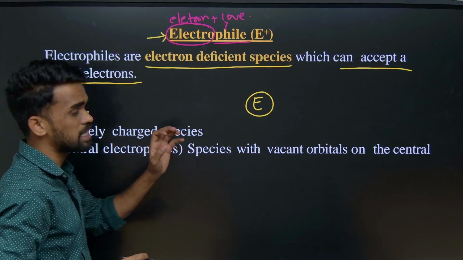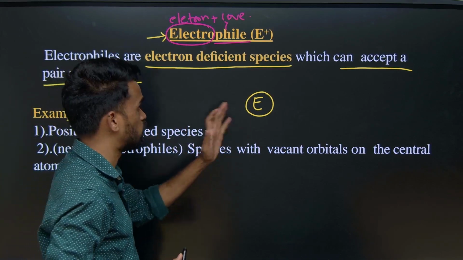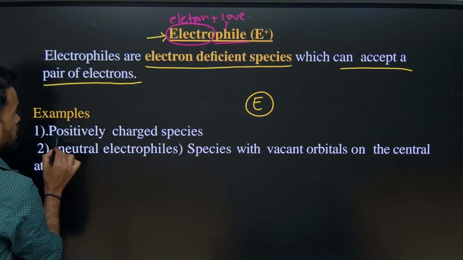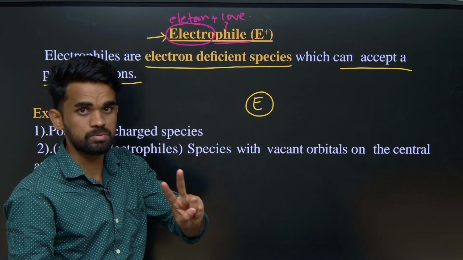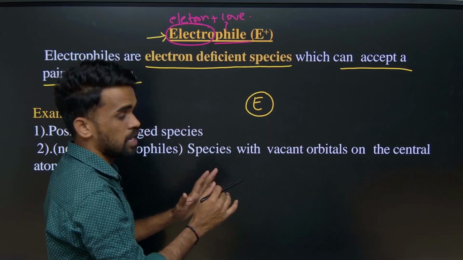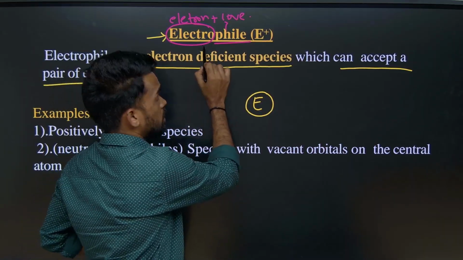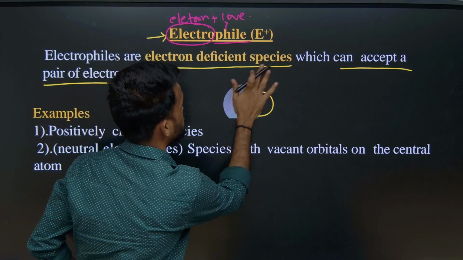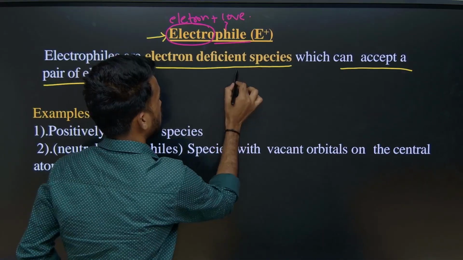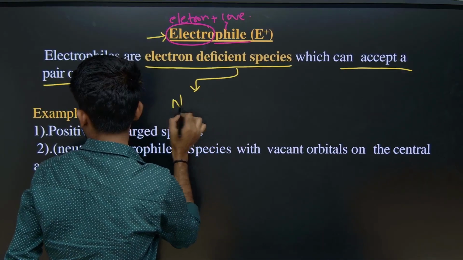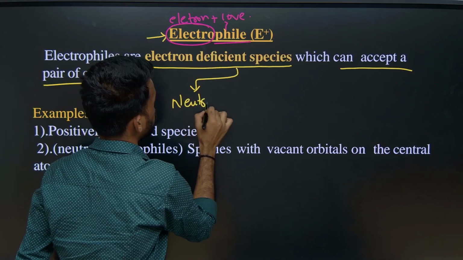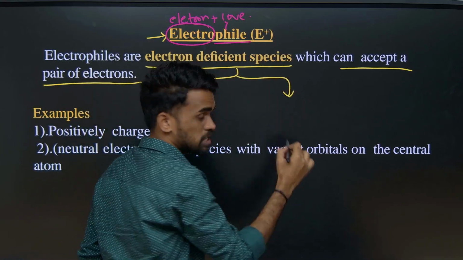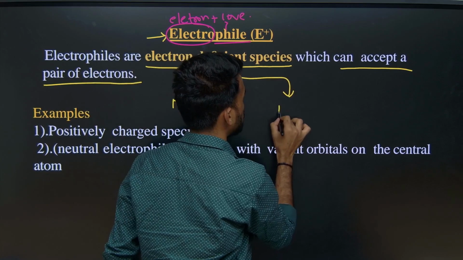Now, what are the examples we can give for these electrophiles? Electrophiles can be of two types. Electrophile means electron deficient species, so it may be a neutral one, or it can be positively charged.